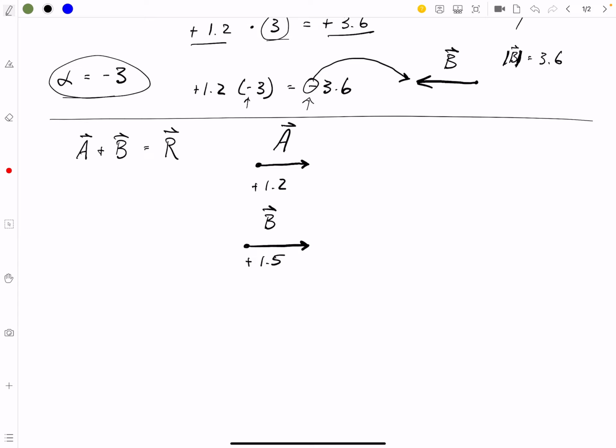And we want to do A plus B. So what I'm going to do is pick B up and add it head to tail to A, and that's going to equal a vector this long, and that vector is 2.7, right? Because 1.2 plus 1.5 equals 2.7, and that is our R vector.